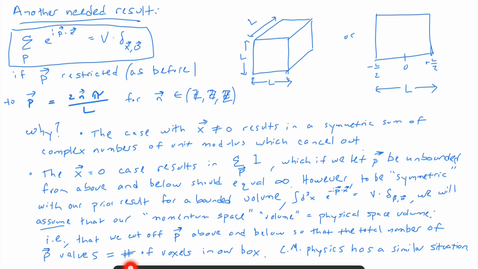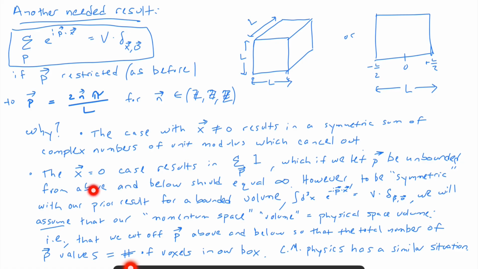You can argue that. And you get the number 0. So when x is not equal to 0, and you try to do this sum, you will get 0, which explains this part over here. When x is not equal to 0, this is 0, and the whole term goes to 0, because all these exponentials vary in different ways that perfectly balance each other out and give you 0.